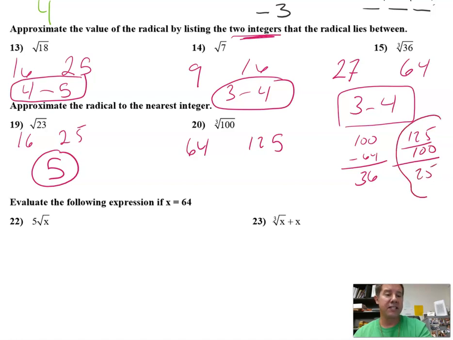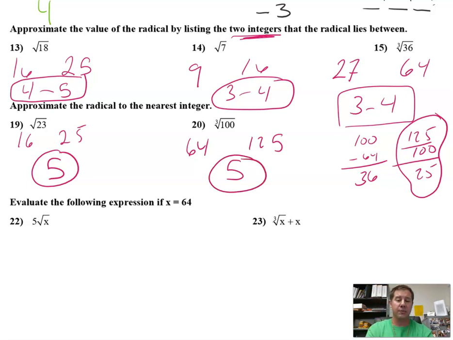So because the difference is less here, this would be closer to 5. And in this case, we're closer to the middle, so maybe I guess like 4.6, 4.7. But we're just trying to get the integer it's closest to.